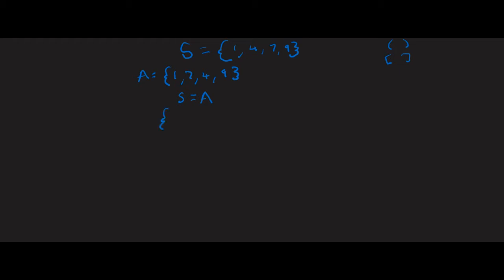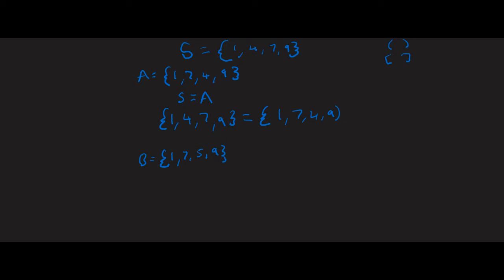So we can do this: {1, 4, 7, 9} is equal to {1, 7, 4, 9}. Now if we change the 4 with a 5, so if you have another one which is, say, B, which is equal to {1, 7, 5, 9}, that is actually a different set.